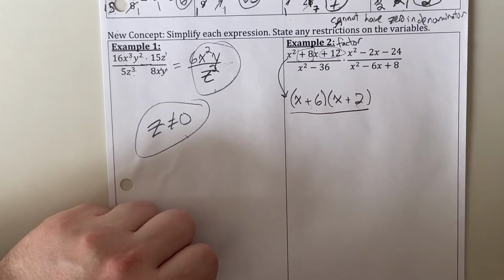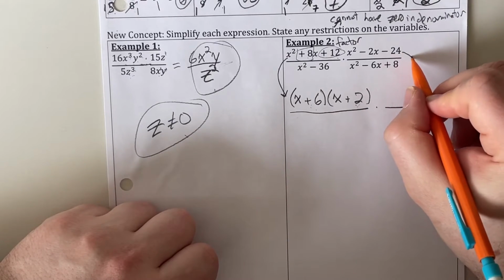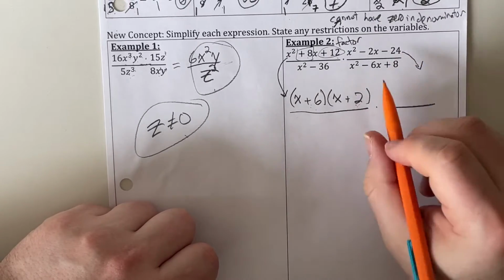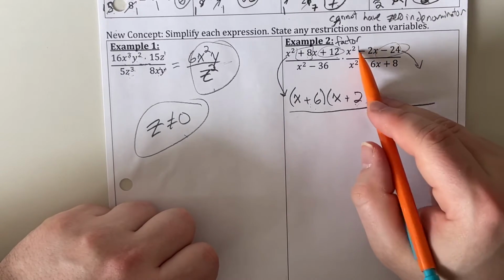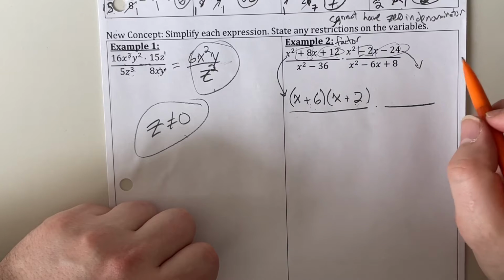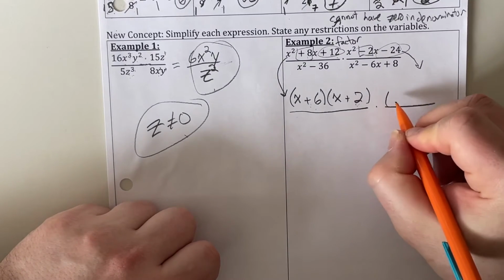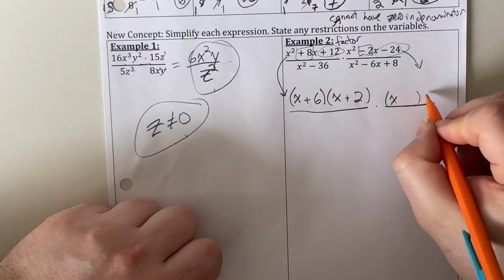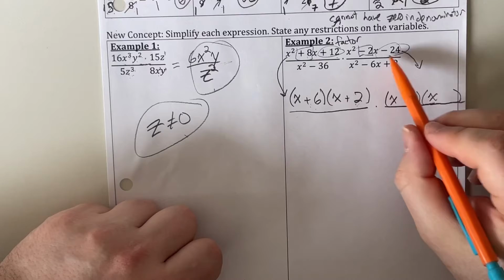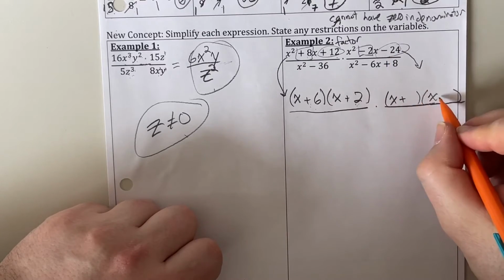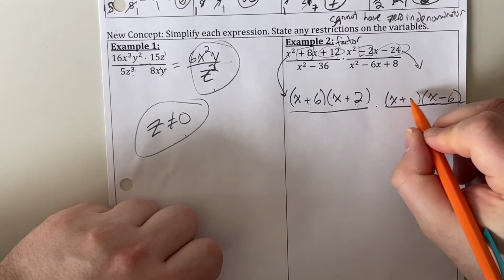So I'm going to have it like that, and then we could say, all right, let's have our top right one. Product is -24, sum is -2. So I'm going to say, let's have 6 and 4. So I can do it like this. I can have x and x. Again, make sure you're looking at that product to have your signs. So I know I have different signs, and I know that the larger value has to go with a negative, so I'm going to have 6 and 4.